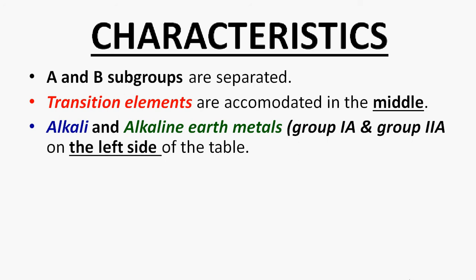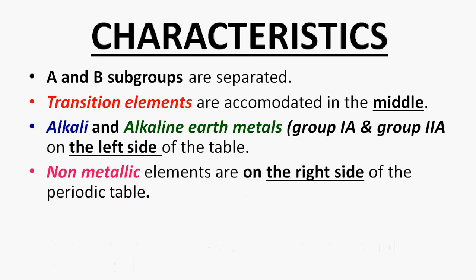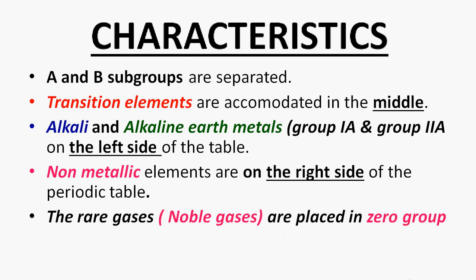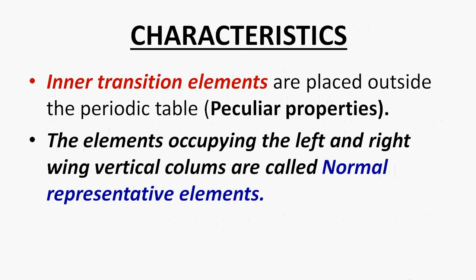Non-metal elements are on the right side of the periodic table. The rare gases, that is the noble gases or the inert gases, which do not chemically react with other elements, are placed in the zero group, also known as group number 18.